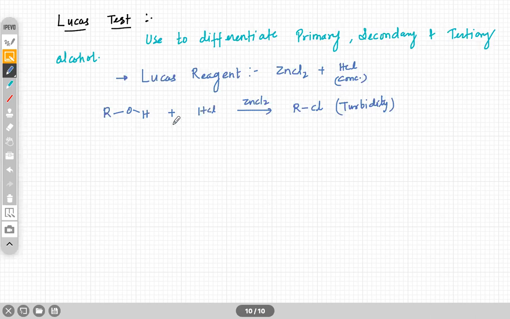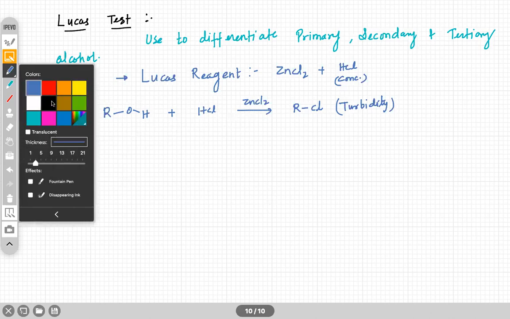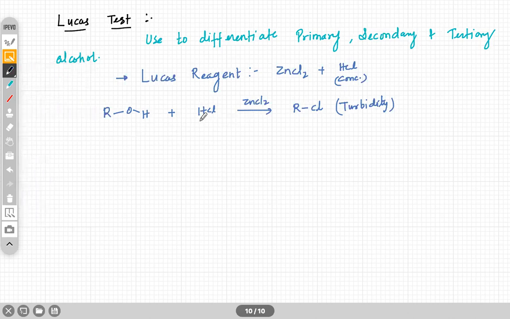This acid gives HCl here because when these two react, I'll write down. It goes this way. When HCl and ZnCl2 react, it forms H plus and ZnCl3 minus. This H plus actually reacts with the alcohol.